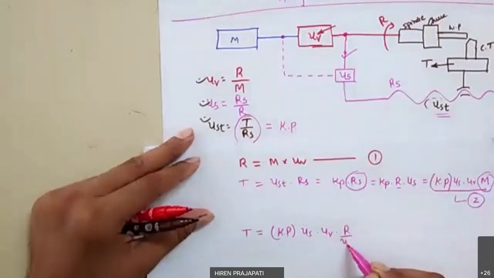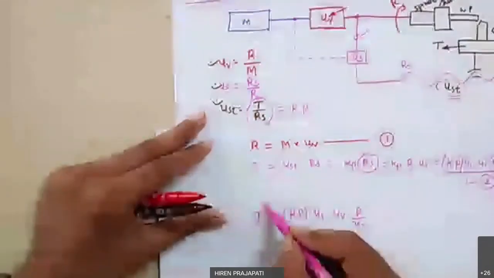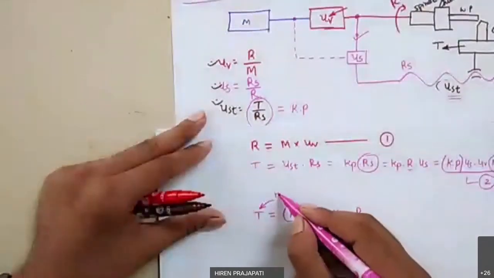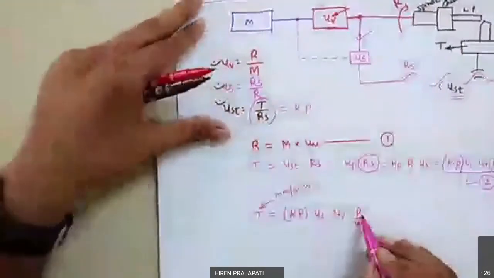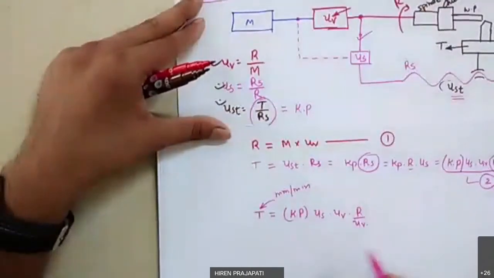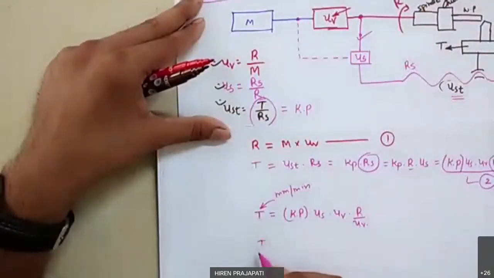Why am I doing this? Because this value is given in mm per minute. But as we know, generally we use T by R.